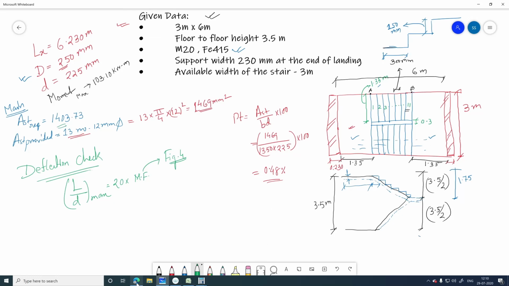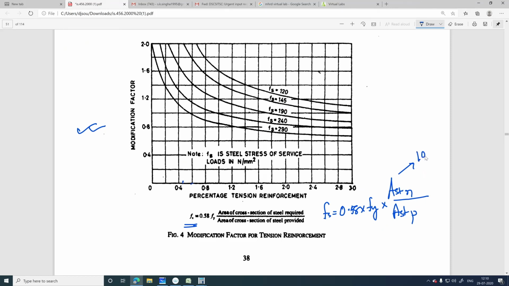So let's put the values: 1403 and 1469, and you also know the value of Fy, that is 415. After you make the calculation, the Fs value that we get is near about 229 Newton per millimeter square, right?